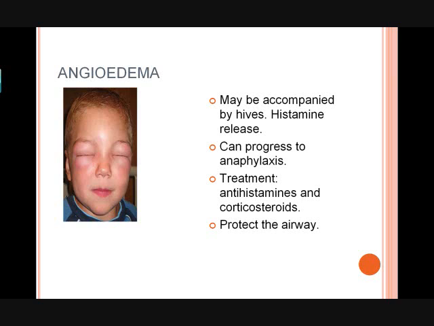The treatment is antihistamines, an example would be Benadryl, diphenhydramine, and corticosteroids, so prednisone or Solu-Medrol. Protect the airway. Remember ABC, very important. Swelling begins in the face and progresses to the airway. Very fast.